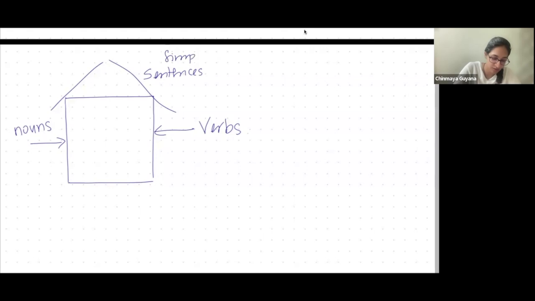Verbs and nouns are enough to make simple sentences. You don't need pronouns, you don't need adjectives, you don't need anything to make a very basic sentence in Sanskrit.